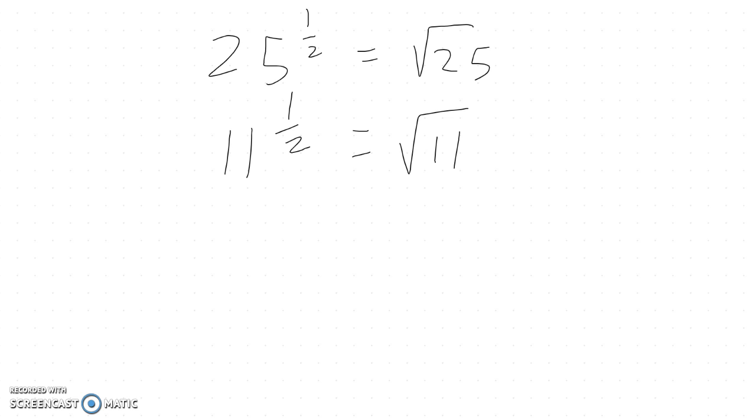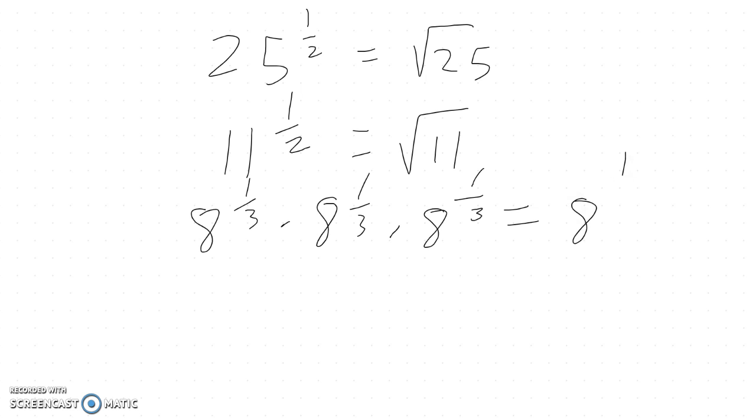Now, sometimes it's not 1/2, right? You could have 2/3 or 1/3 or all kinds of different things. Let's just do an example there. Let's say I have 8 to the 1/3. Well, here's a fact. 8 to the 1/3 times 8 to the 1/3 times 8 to the 1/3 equals, we're going to add these up, 1/3 plus 1/3 plus 1/3 is just 1, so 8 to the 1.